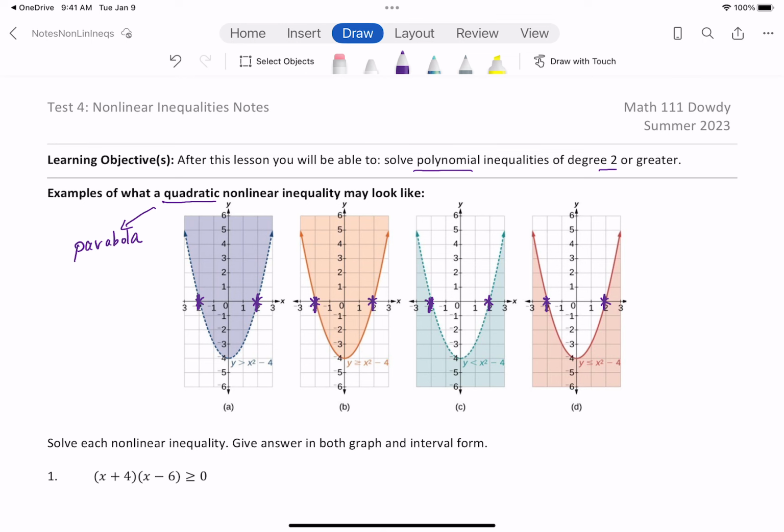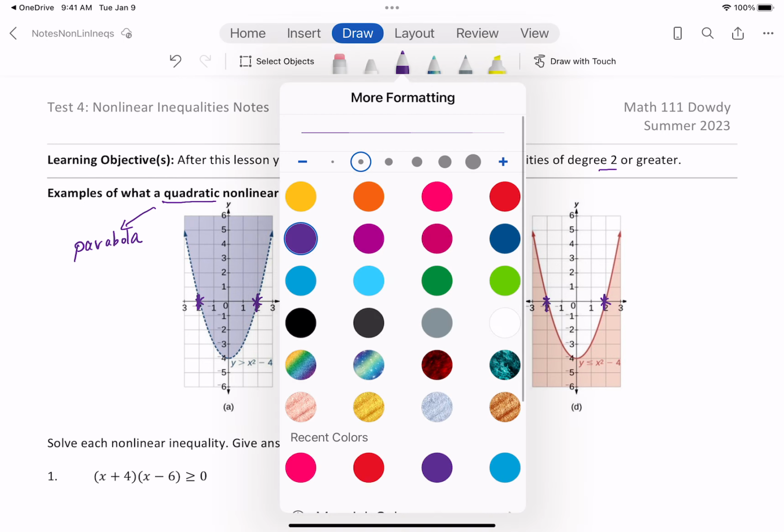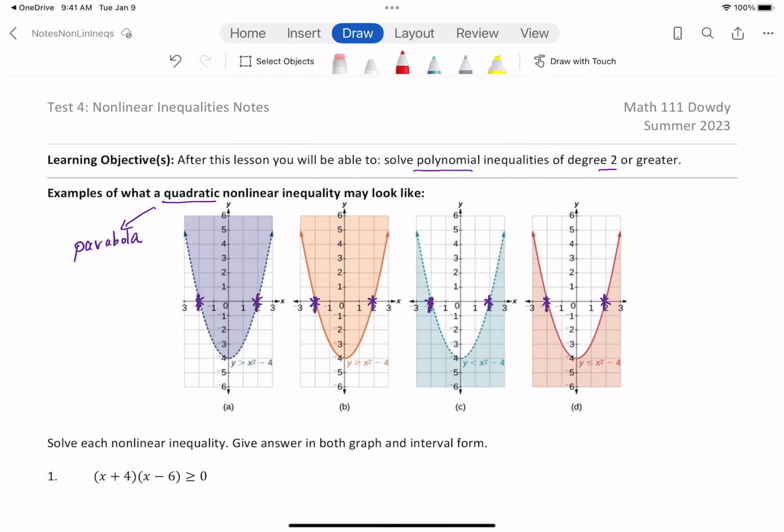And you see that it creates regions. We have this region that is on this side of that endpoint. We have one that is between these two endpoints, and then we have one that's to the right of the endpoint, and that's true of each of these graphs.